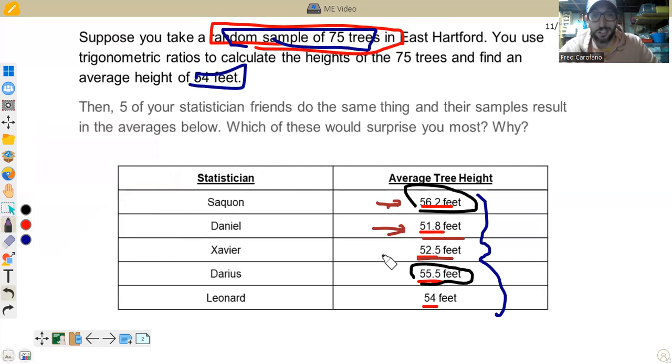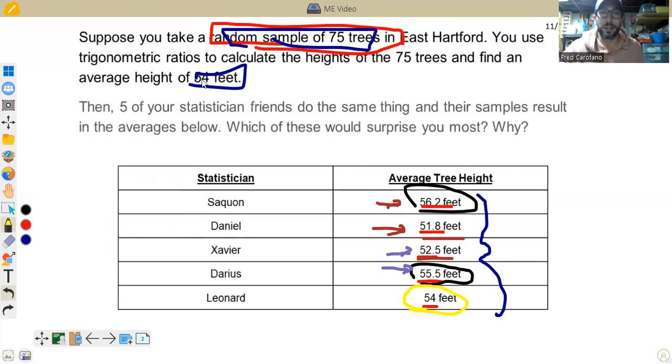And I did the same thing here. This is 1.5 feet below 54, and this is 1.5 feet above 54. So I can't really argue one of those is more surprising than the other. And hopefully some of us in the room were kind of thinking, this is the most surprising, because if my friends took random samples of 75 trees, we all have different random groups of trees.